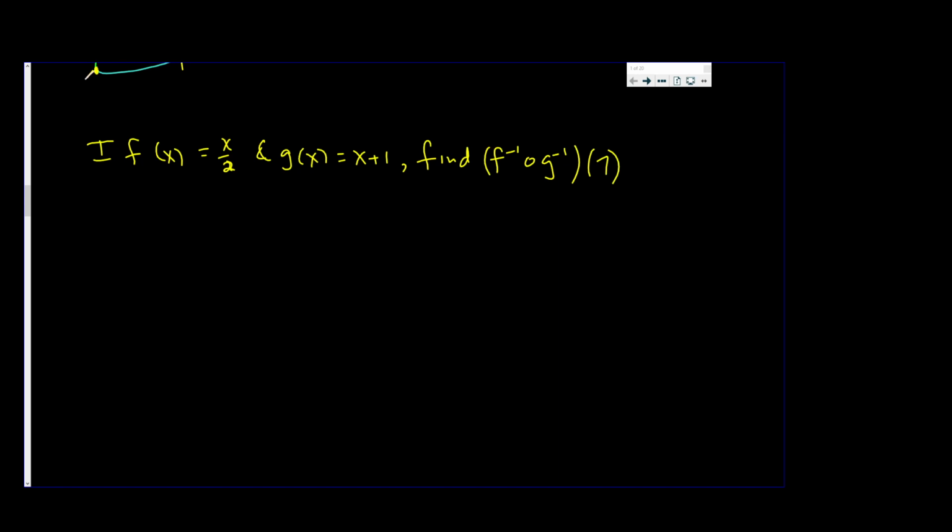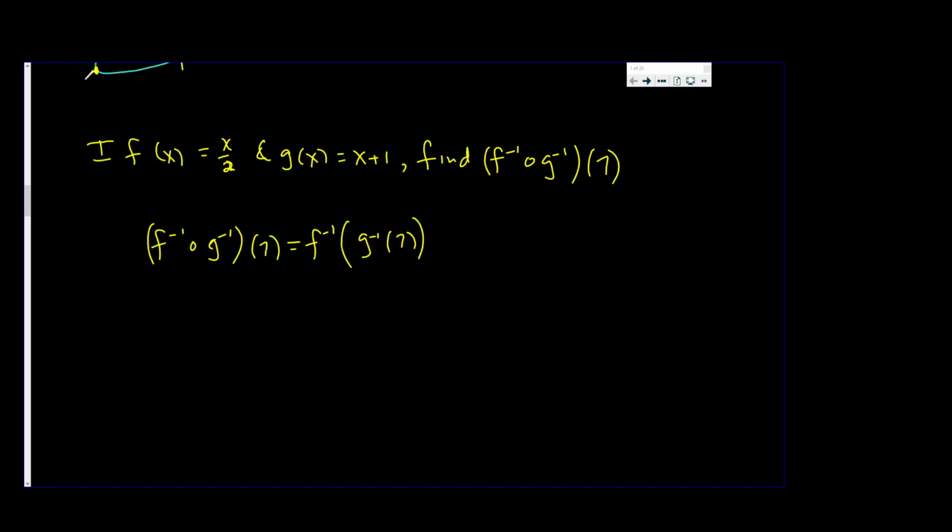Oh my goodness, what is this? Well, you calm down, you ask yourself, what are they asking you to find? They want you to find this. Well, we know, just because we have strange names for these functions, f inverse, g inverse, it doesn't matter. It means this.